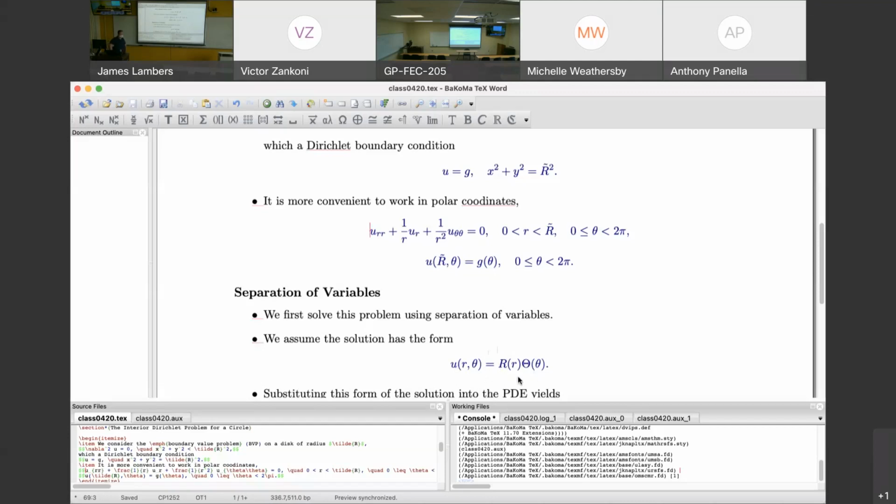In this case, our variables being r and theta instead of x and t like we had before. So keep in mind notation: here we have capital R again, but with no tilde. Plain capital R refers to this function of our radial variable, whereas capital R tilde refers to the radius of our domain.